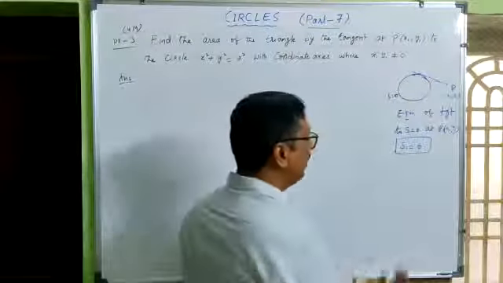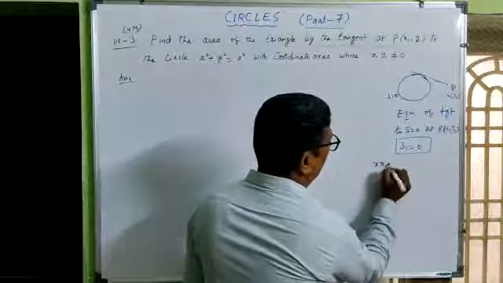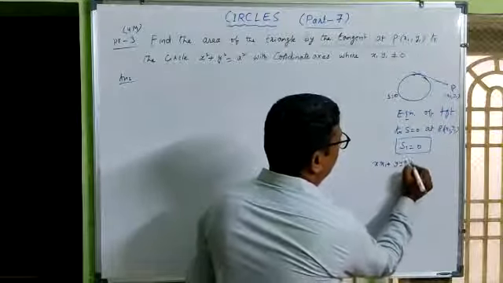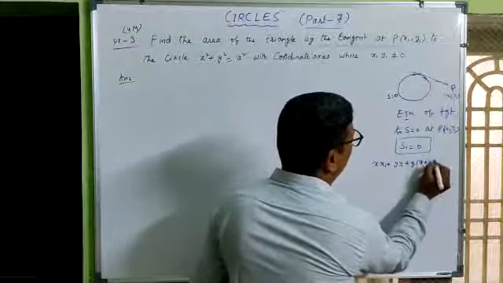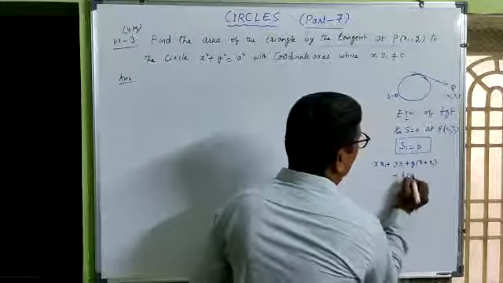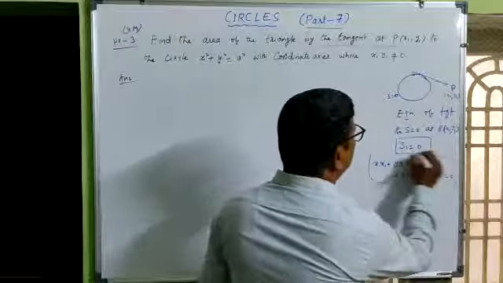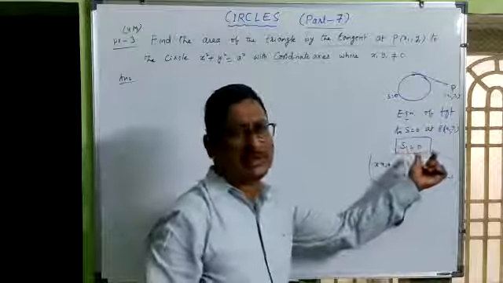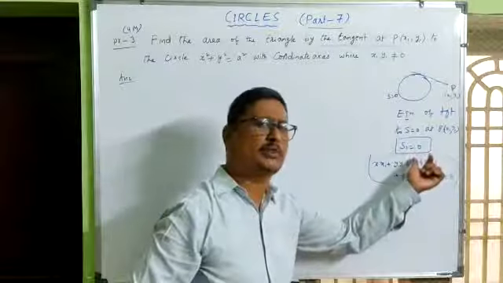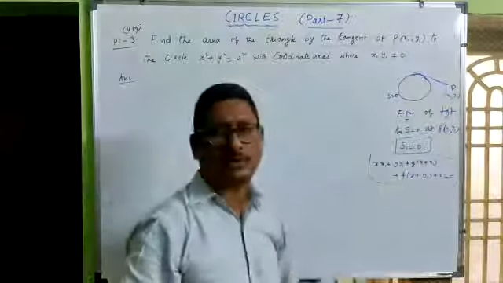What is S1? S1 is x x1 plus y y1 plus g of x plus x1 plus f of y plus y1 plus c is equal to 0. So if the circle is of the form x square plus y square plus 2gx plus 2fy plus c is equal to 0, this is the equation of the tangent.